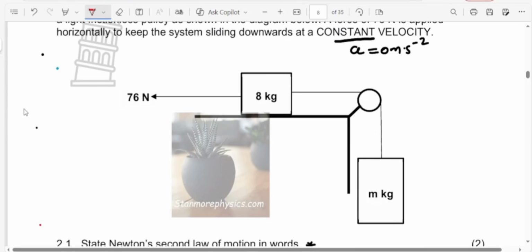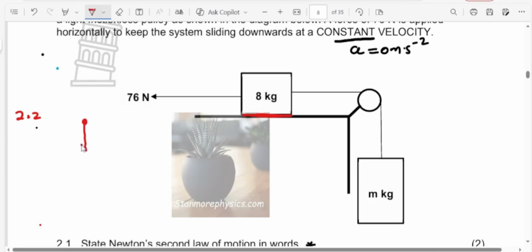So this will be the answer for 2.2. Right. So on 2.2, this is my 8 kg block. I can see that this block is in contact with the surface. So this tells me that I'm going to have a force acting down, which is the force of gravity, and also the normal force, because it is in contact with the surface.